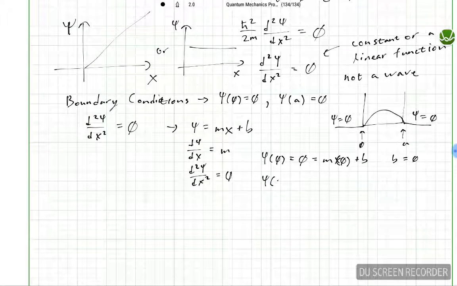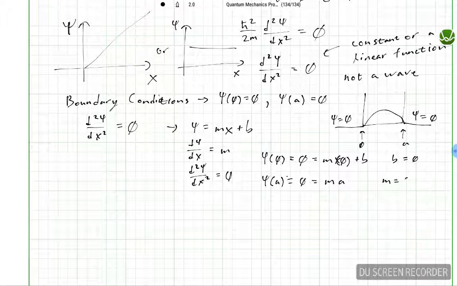And then psi of a equals 0 as well, meaning m times a plus 0 equals 0, meaning that our slope is also going to be 0. So if our intercept is 0 and our slope is 0, then psi is a constant 0.